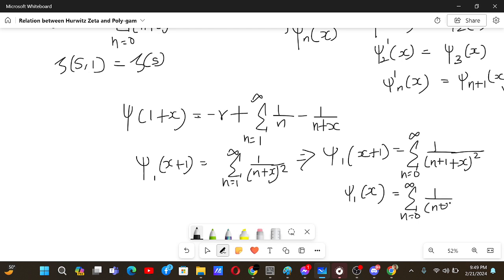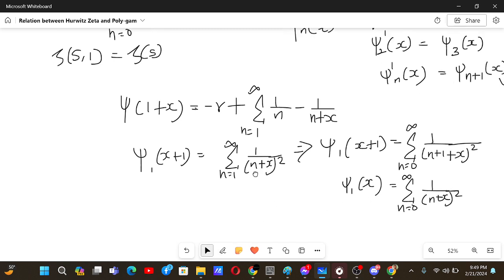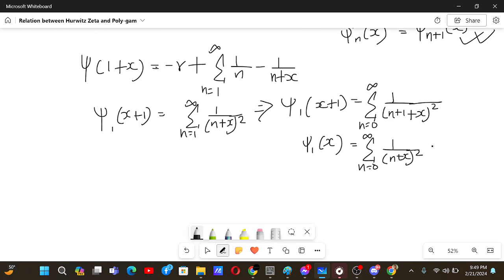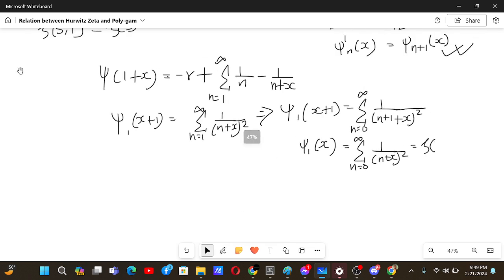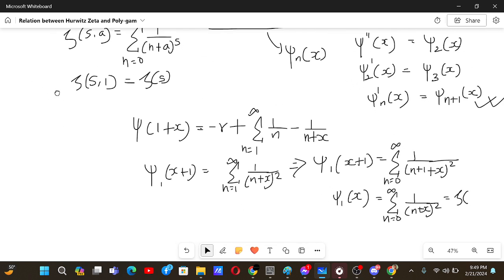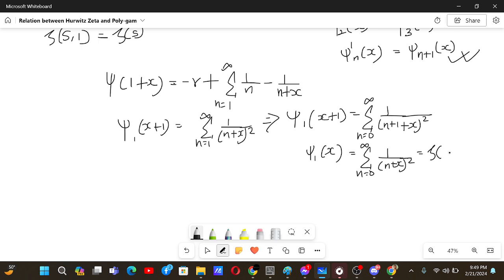Now this is a nice form, and we know that this is just Hurwitz zeta of, sorry, I think we need to start with s, and then a. This is basically Hurwitz zeta of 2 comma x.